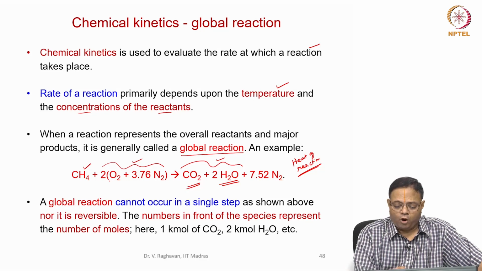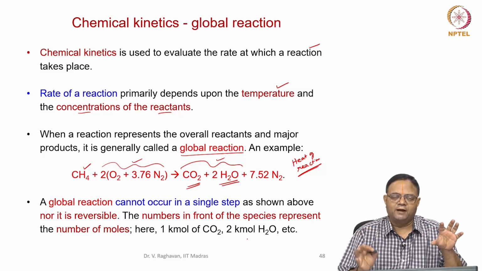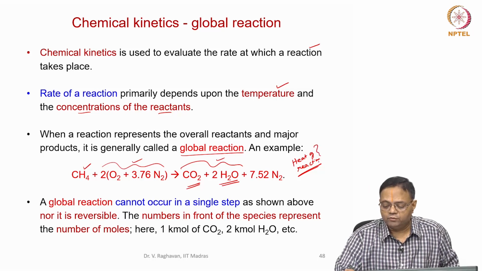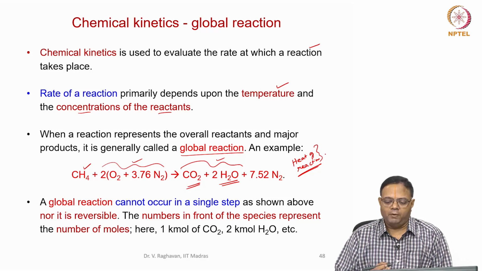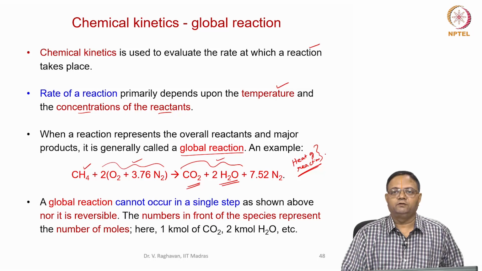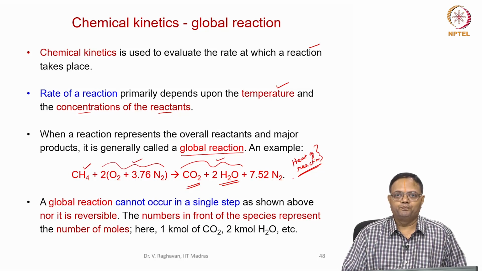So, this global reaction, which gives the idea of the reactants and the major products, is quite useful for finding the heat of reaction. But to calculate temperature itself, we need more species on the product side to evaluate the temperature more accurately.